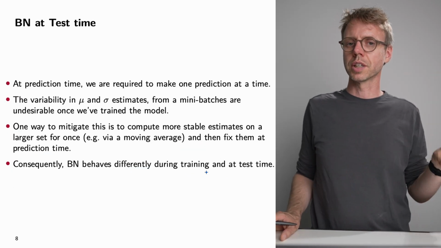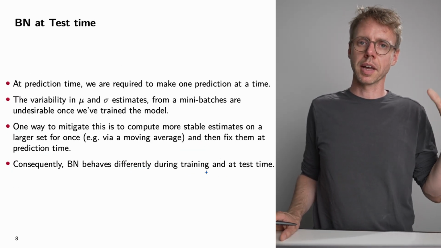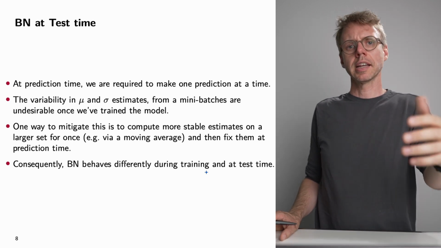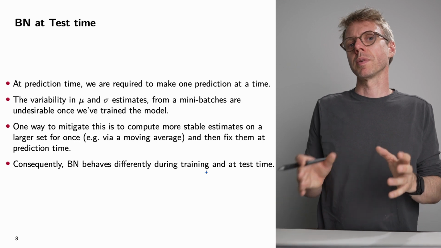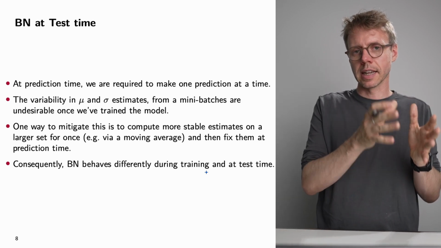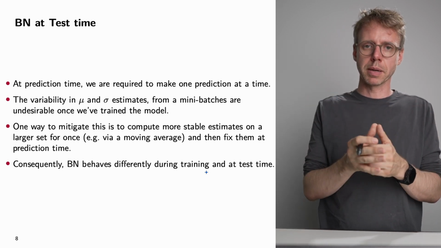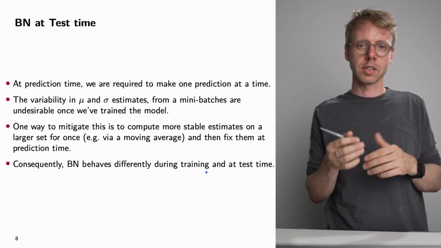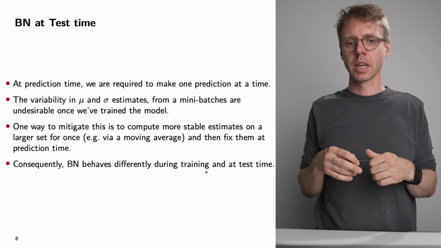There's also a difference between applying batch normalization at training time, where we have mini batches, and at test time, where typically we are looking at a single example at a time and we want to make a prediction, which means we cannot really estimate means and variances for this example.